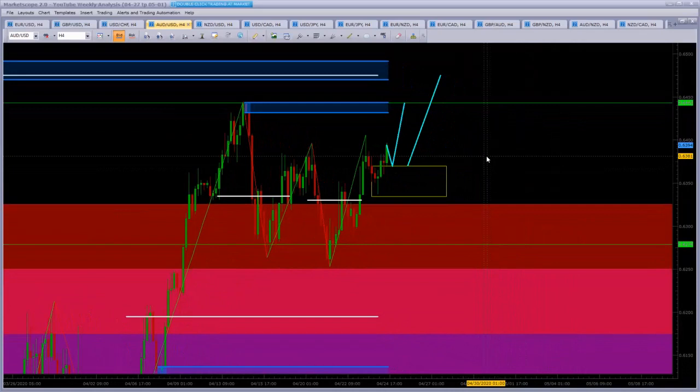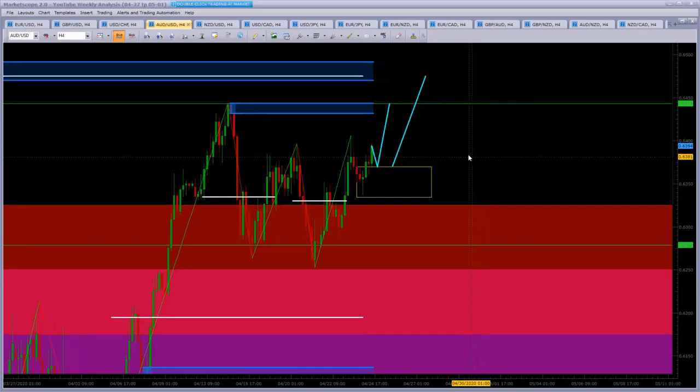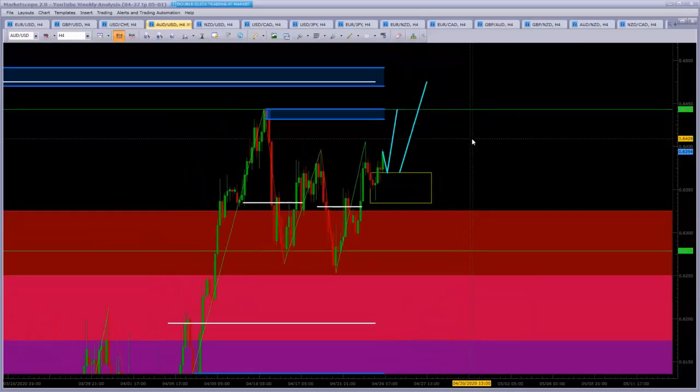Once again, these are all levels that I don't just take. Just because I've created a game plan for the week, I don't necessarily say, hey, I'm taking it. No, I have to wait for the dollar to give me that confirmation. If the dollar is going to rip that 500 level, and it's going to be gunning for the 450, that should give me my confirmation for this Aussie dollar to go long.